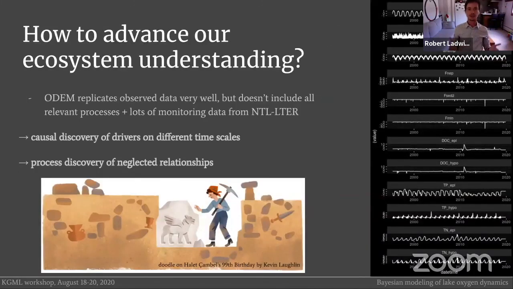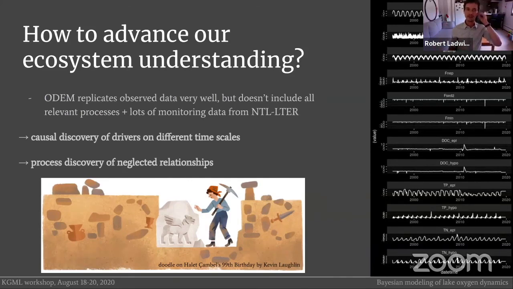But now we would love to advance our ecosystem understanding. We have this process-based model that replicates the data very well, but it doesn't include all the important processes because it's simplified. And we also have lots of monitoring data from our LTER program. So now we want to dig deeper and explore more of our data set.